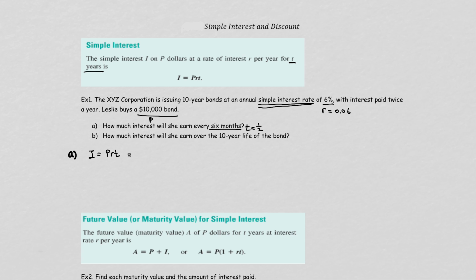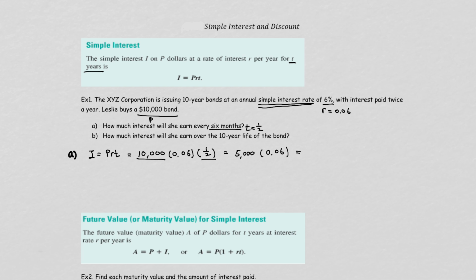So we're going to do 10,000, P, times rate, times T. Half of 10,000 is 5,000, times 0.06.